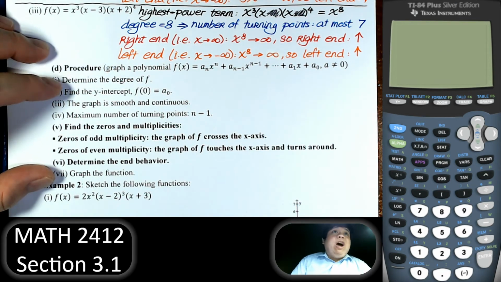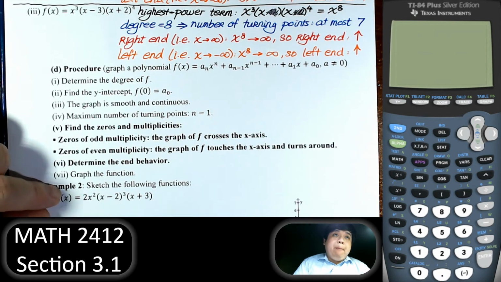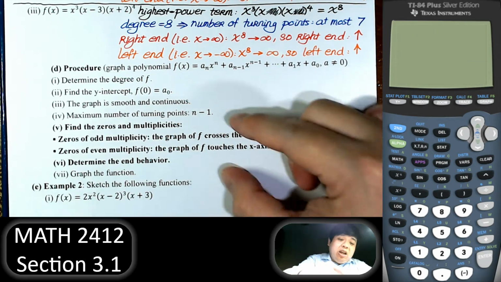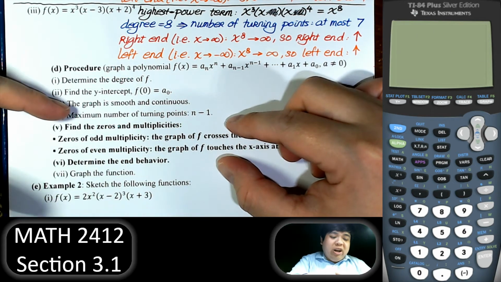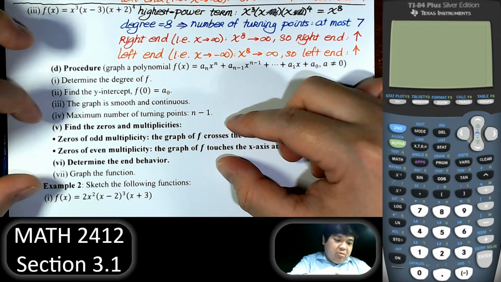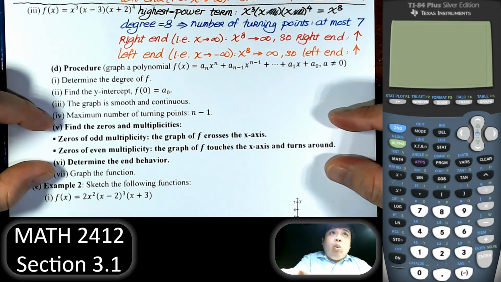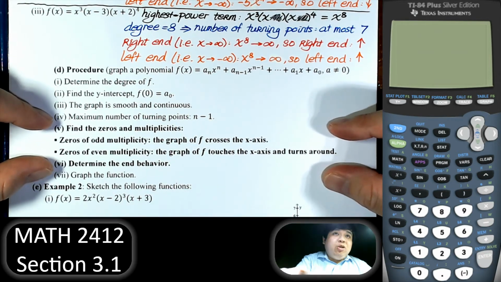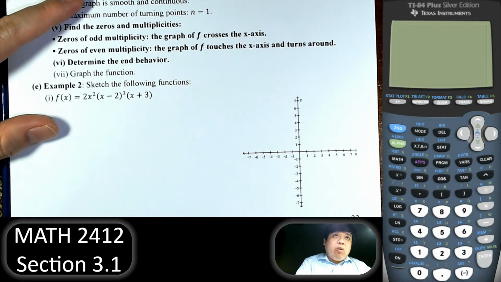Now, to graph a polynomial function, we actually have to go through all of this. But what we focus on here will be the characteristic of polynomials. Of course, the graph is smooth and continuous, with turning points. But based on the graph, we just focus on this part. So find the zeros, multiplicity, and the end behavior. We're going to use that to sketch the following graphs.